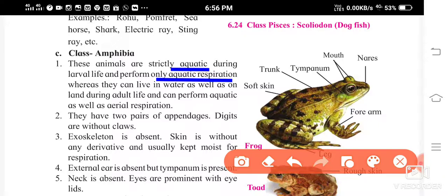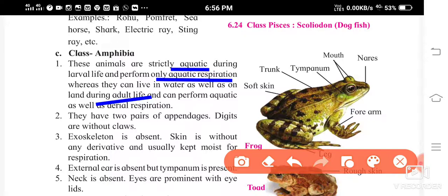So they can perform respiration only in water, and that is why in the larval stage of these animals you will find them only in water, whereas they can live in water as well as on land during adult life. So when they become adults, that time they can live in water as well as you will find them on land also.